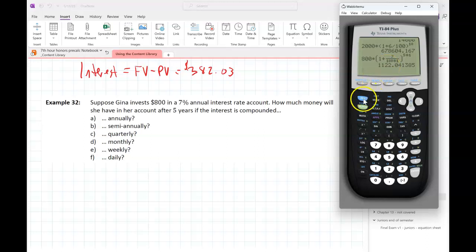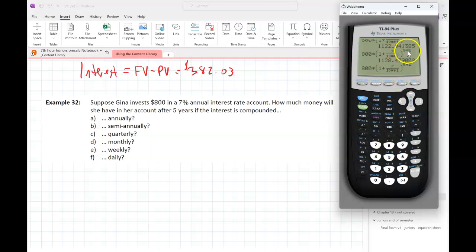If I change this to semi-annually, how much of a difference do you think this is going to make? Like a $1 difference, a $10 difference, a $100 difference, a $1,000 difference? Okay, let's look. $6. That's not that big of a difference.